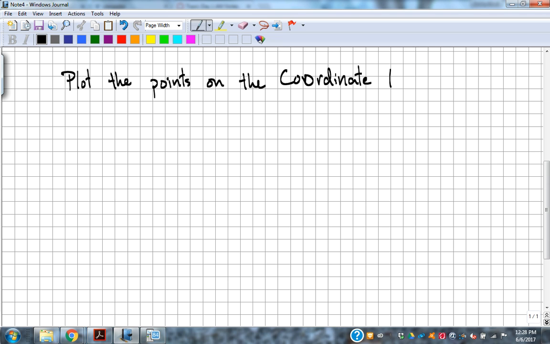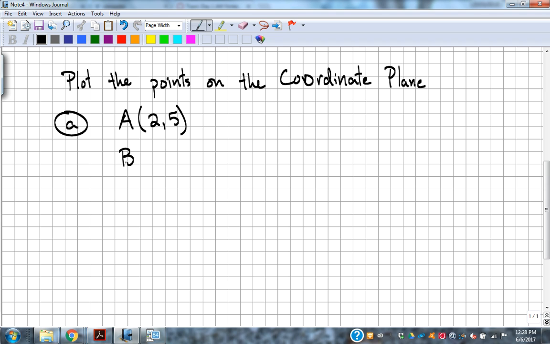There's several other types of coordinates, polar coordinates, which you might use if you end up taking a trig class or something like that. Polar coordinates are a circular grid instead of square rectangular coordinates, which is what we're dealing with. So I'm going to list some ordered pairs and put a letter beside them. That letter just indicates what point it is when we plot it, so we know it's that point.